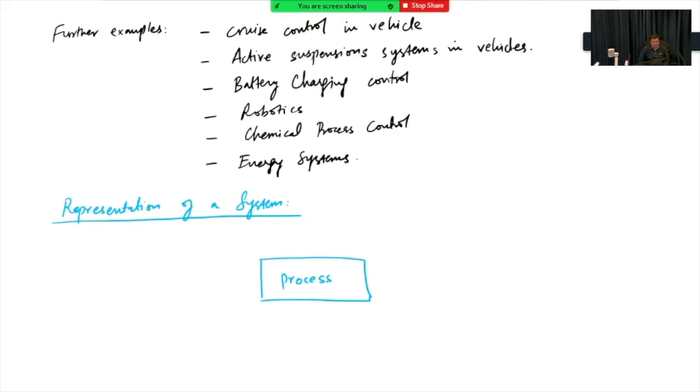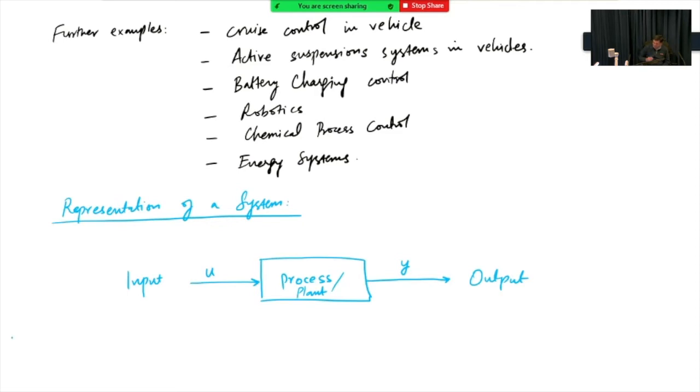There's some kind of transformation going on, which depends on what the input is, and then that process basically generates an output, and we will call it Y here. Okay, so there is an input U and an output Y. And this process, sometimes people also refer to this as a plant, right? Like a chemical plant or another type of plant.